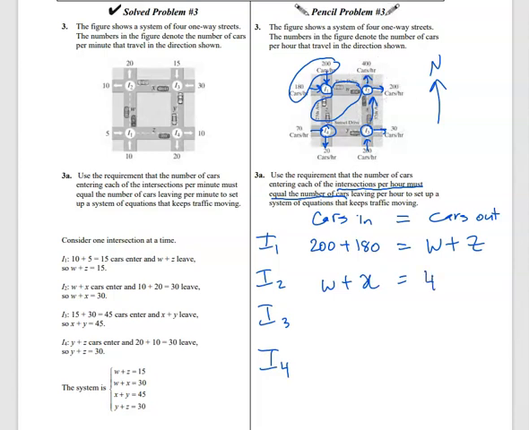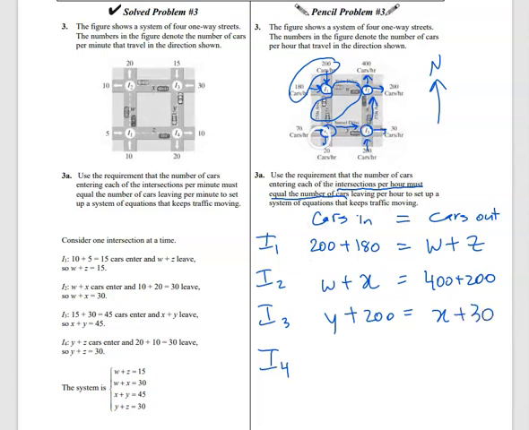So for now I'm not going to simplify anything, just write everything down. Intersection 3, this time we've got a combination of numbers and variables, because this Y is coming in over there. Also 200 cars per hour are coming in from the south, so Y plus 200 equals the cars that are leaving. X is coming out, and then 30 is also coming out.